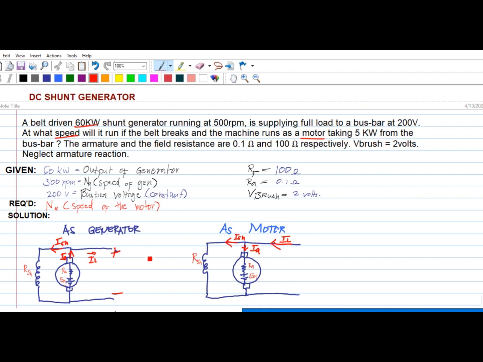So we have N_G here and we have N_M. The question is, what is the speed of the motor?